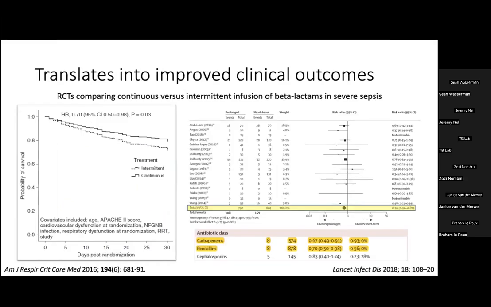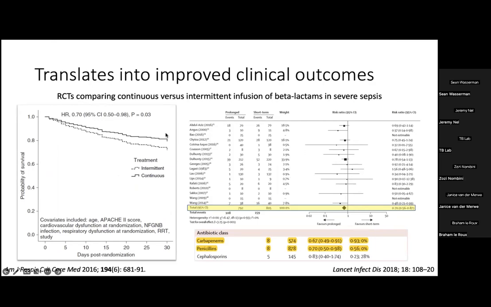Now, I think this is a really beautiful translation of theory into practice, because it translates directly into improved clinical outcomes using this strategy. And these are two meta-analyses of multiple randomized controlled trials that tested continuous versus intermittent infusion of beta-lactams in patients with severe sepsis. On the left is an individual patient data meta-analysis.